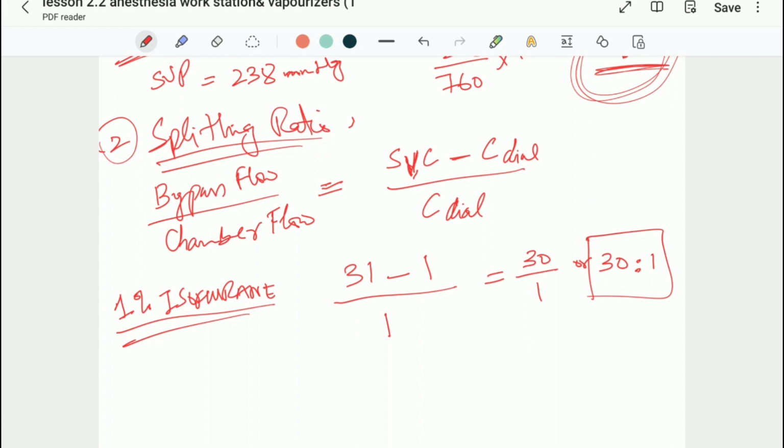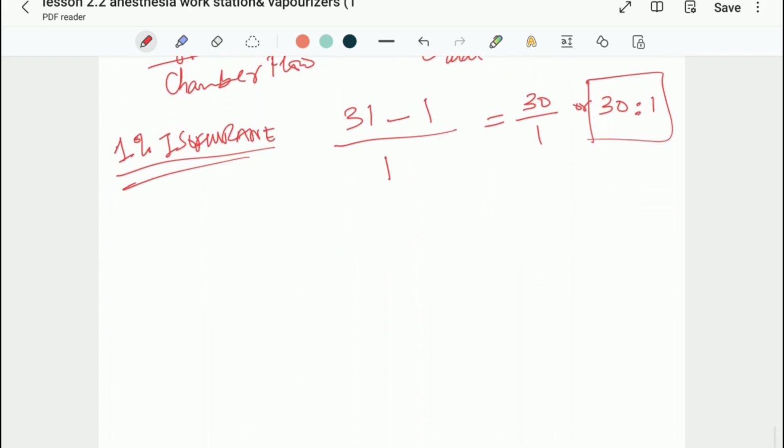Now, how do we calculate the total vapor volume, that is, how much liquid agent is consumed or how much actual volume of vapor is produced? This is calculated by Avogadro's hypothesis.